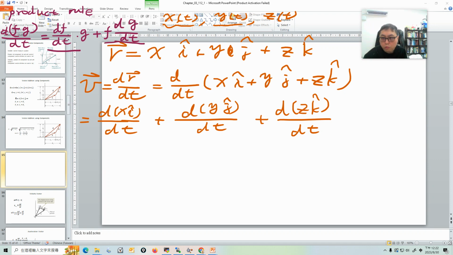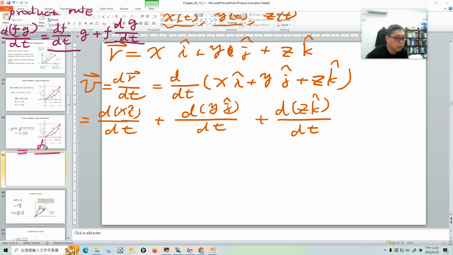So we now have a similar situation. We have x and the unit vector i, and we take the derivative with respect to t. After applying the product rule, what do we have?